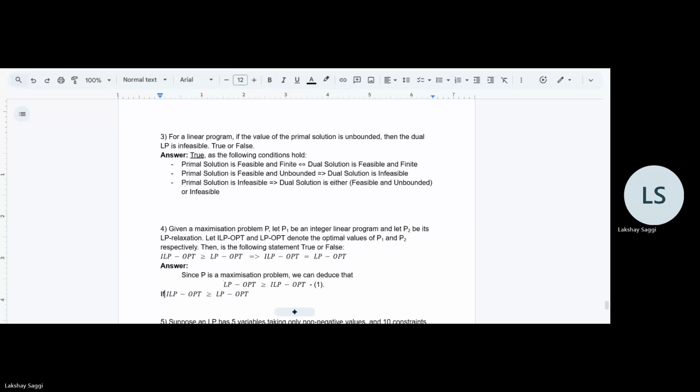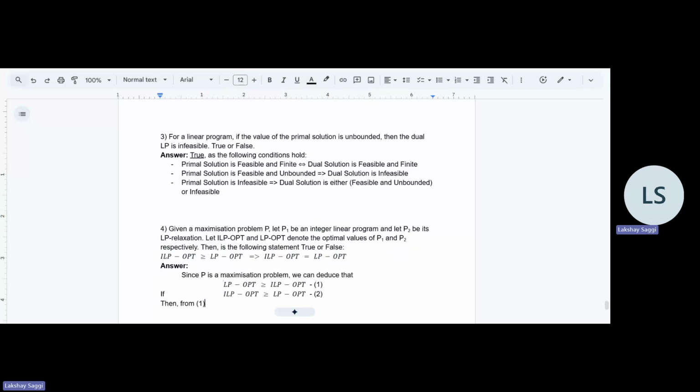And if we are given that ILP opt is greater than or equal to LP opt, what's going to happen is that LP opt is greater than or equal to ILP opt, and ILP opt is greater than or equal to LP opt.